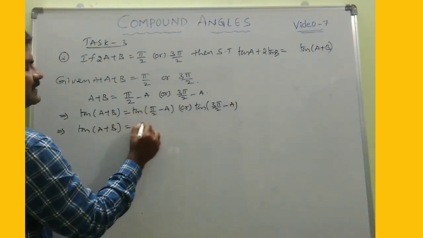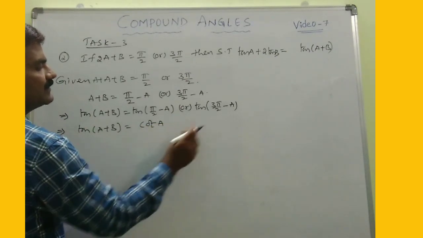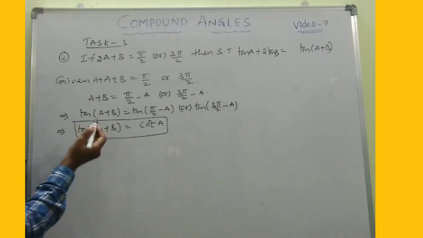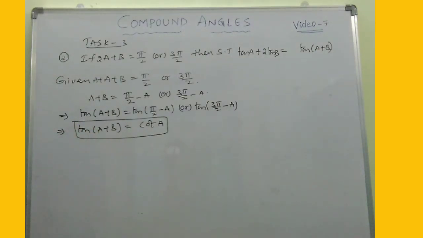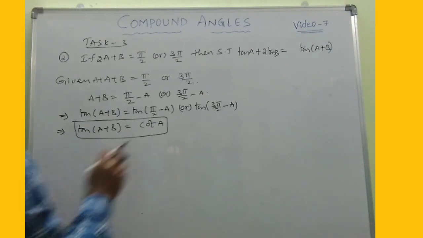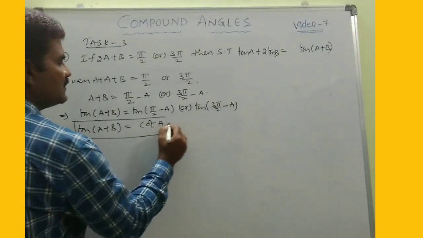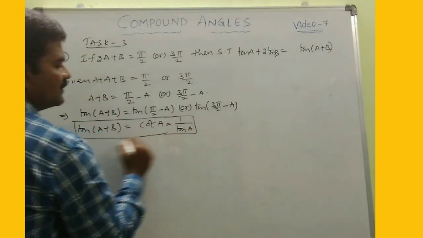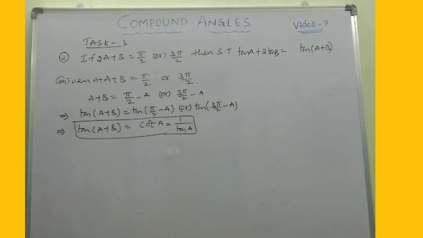Because of 90, this is equals to cot a. Even this is also equals to cot a. So please remember that we got one relation: tan of a plus b is equals to cot a. Of course, cot a can also be written as 1 by tan a. So just keep this relation aside.